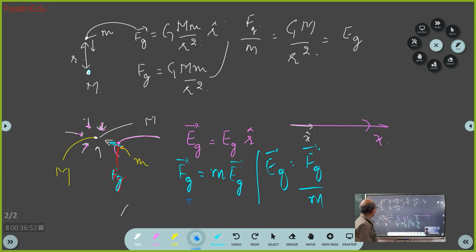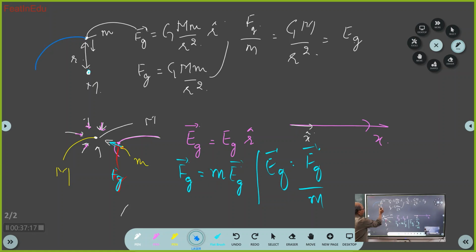Now you see, as you keep taking this body away and away from Earth, its potential energy goes on increasing. Are you with me? Because you are doing work to move it up against the gravitational force. Got it now?